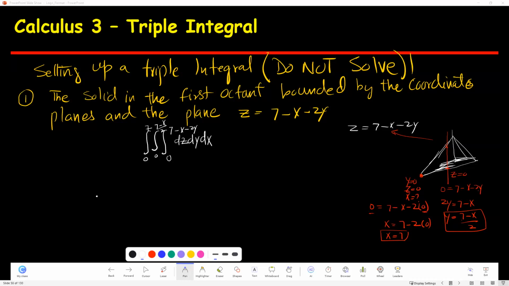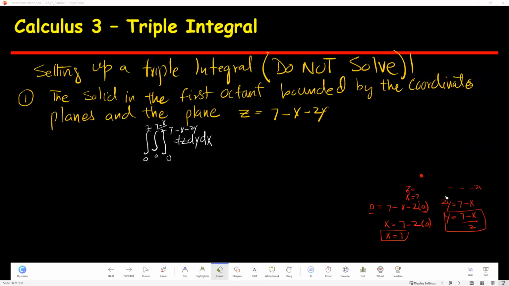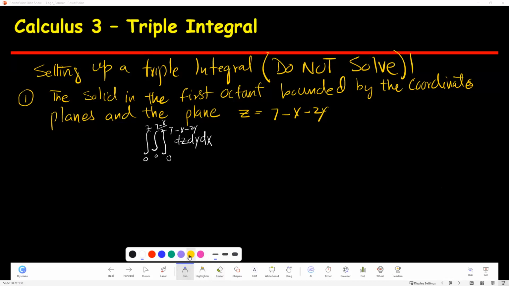Okay. Let me just do another problem on the same slide. Based on this given condition, we have to set up the integral.